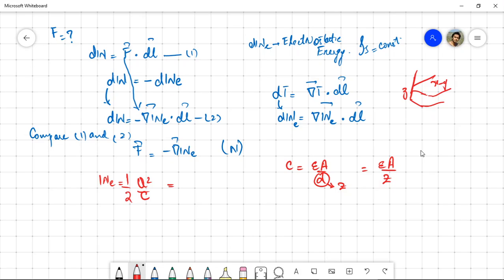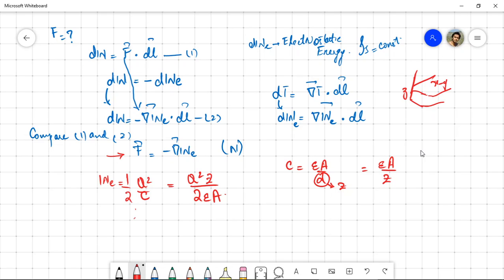If we put this value of capacitance here in this equation, then we will get Q square z over 2 epsilon A. Now we have the equation for We. We are doing this because we need to calculate the value of force, and in order to calculate the force, we have to calculate the gradient of this We. So for a parallel plate capacitor, we have put the actual value of We.